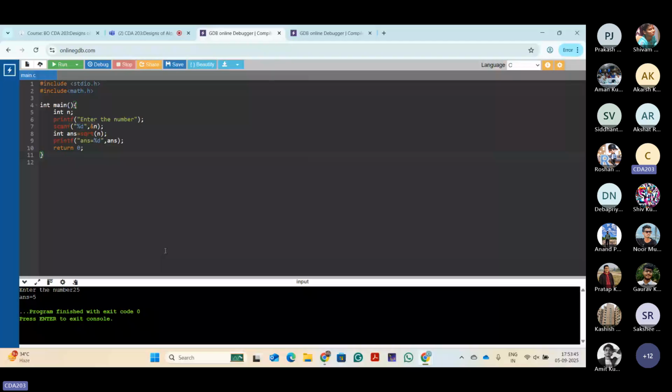We'll see the pointers and their application, and maybe some other data types also. I have not used float, I have not used character, I have not used string. So I have to introduce them somewhere. I think in the next class I will introduce them.